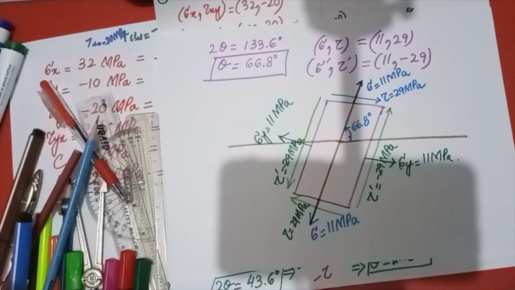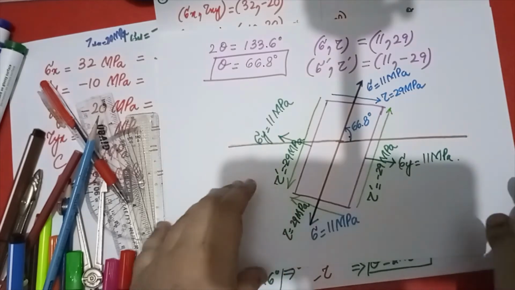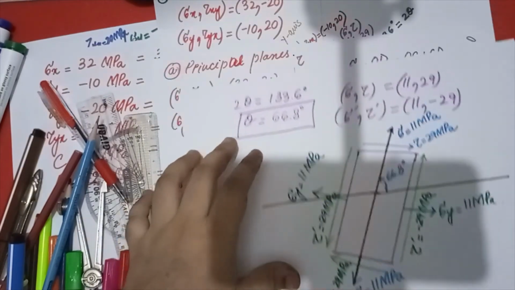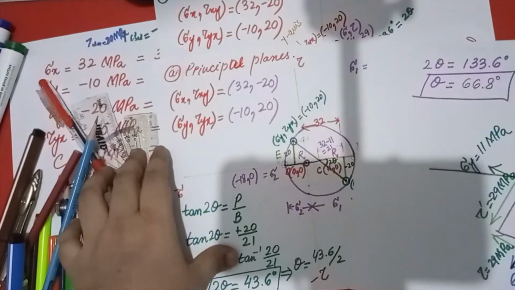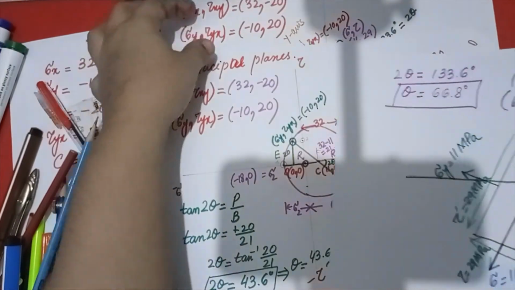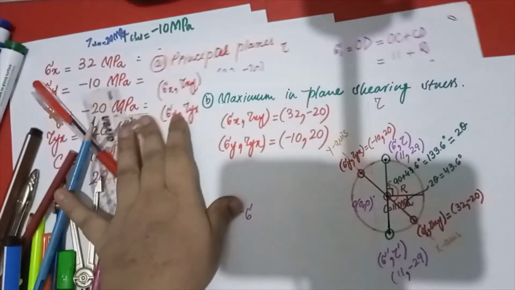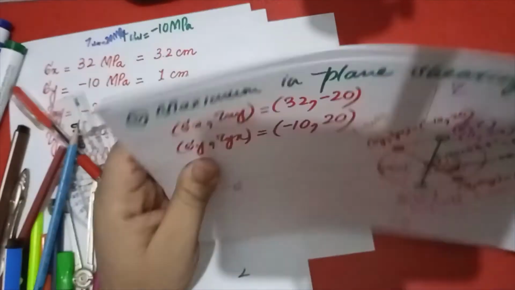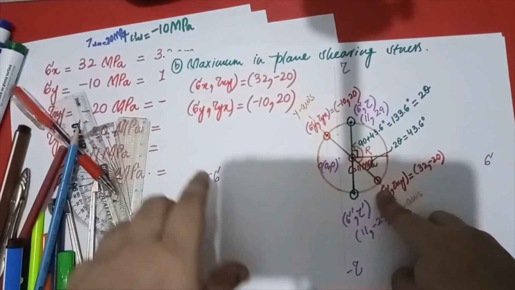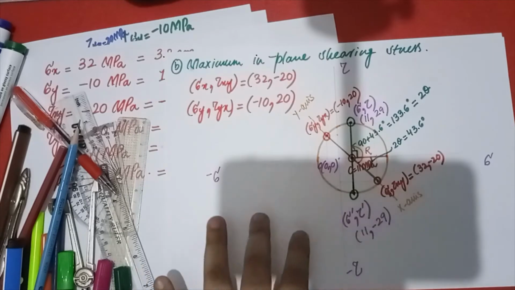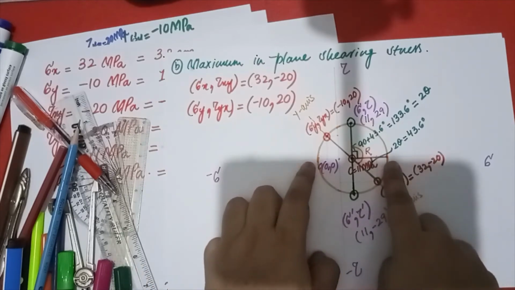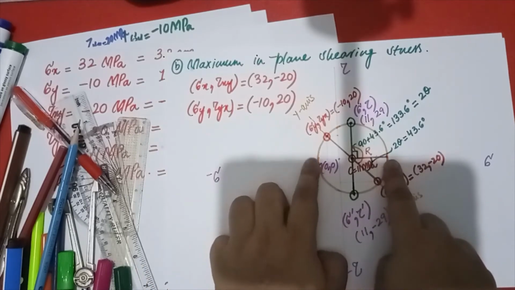Whenever you need to find the maximum in-plane shearing stress, you have to see where you are getting the maximum height of your Mohr circle. This is the very interesting part B, where we have done all the same things as previously, but we do not need to find sigma 1 and sigma 2 here.